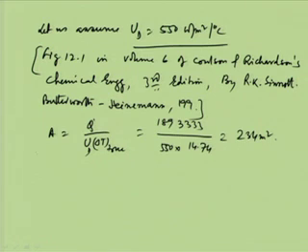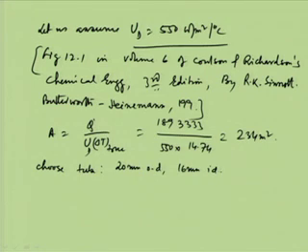So, we will choose tubes of this kind, say 20 millimeter OD, 16 millimeter ID, 4.88 meter long.